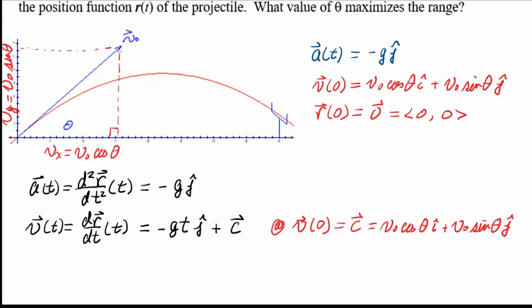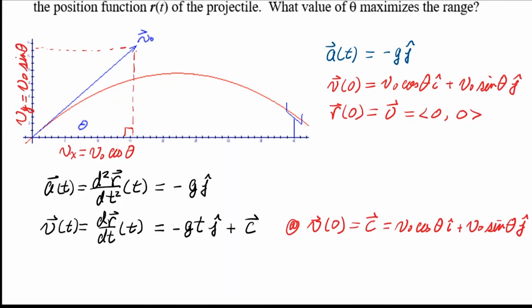We plug it back into the differential equation. So what we have now is v equals... there's an i term, and there's no i here, so imagine it's all in there. So we just have v naught cosine theta i vector, and then there's a j term.